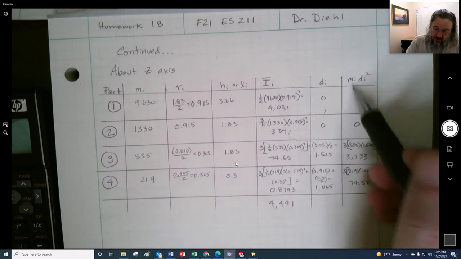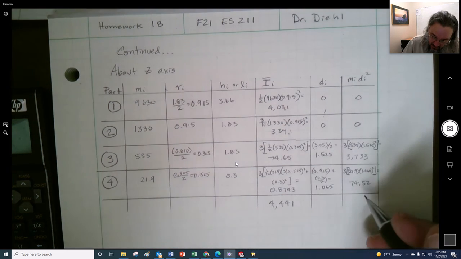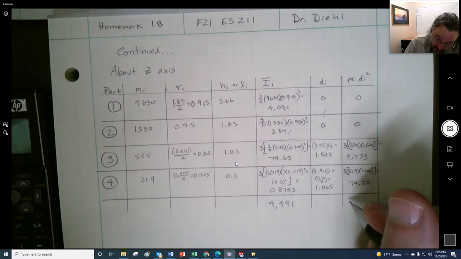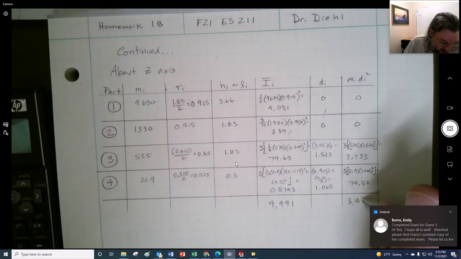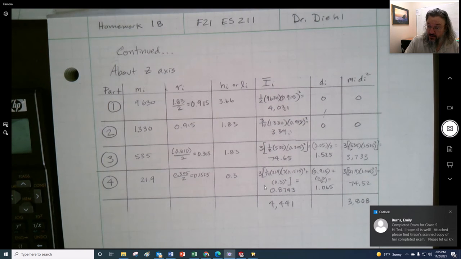So these are really the parallel axis theorem effects of the thing being far away. So we go 3733 and 74.52 and add them. So just 3,808.